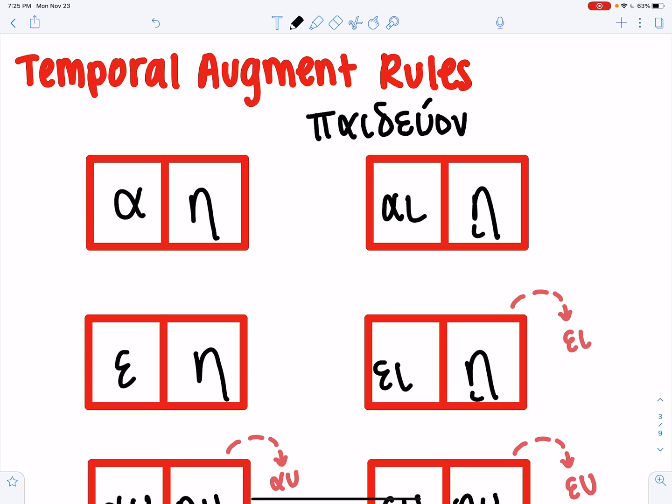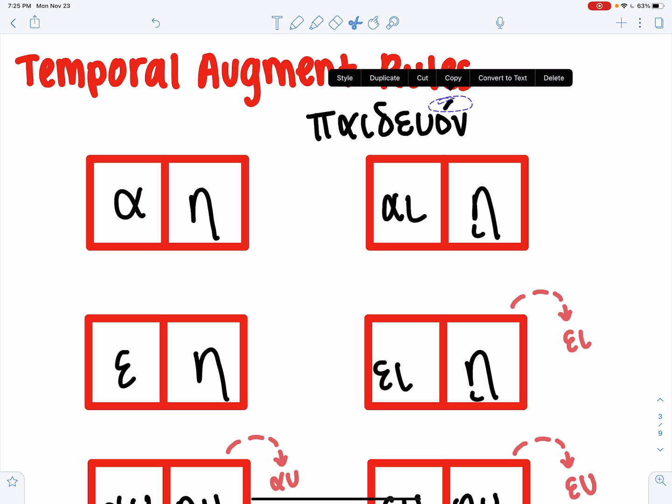One thing you want to make sure to catch is that because this omicron is short, we have to move our accent to its appropriate position. So as usual, we want to start on that last syllable over our last vowel, and we have paideuon right now.